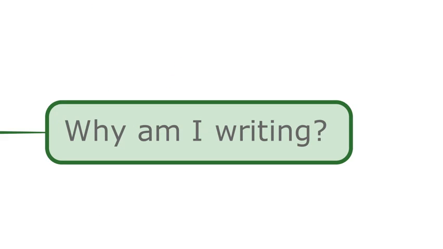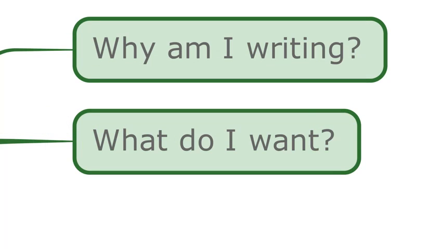First, you ask yourself, why am I writing? In the big sense, am I writing to inform, to persuade, to request information, to order somebody about, to instruct? Then there's the more narrow question of, what do I want from this piece?